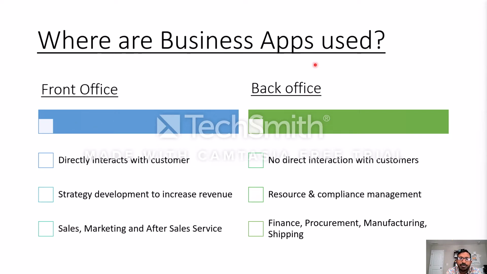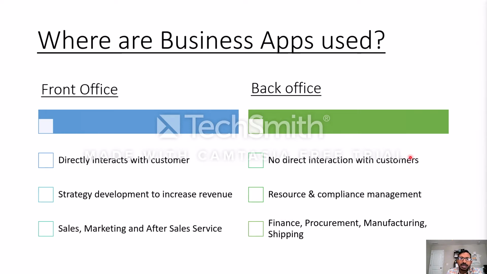Whereas the back office does not directly interact with the customer. Instead, they manage the resources. They procure the raw materials needed to produce a good or a product. In our previous example, it was a car. So manufacture a product and ship it to their customer.